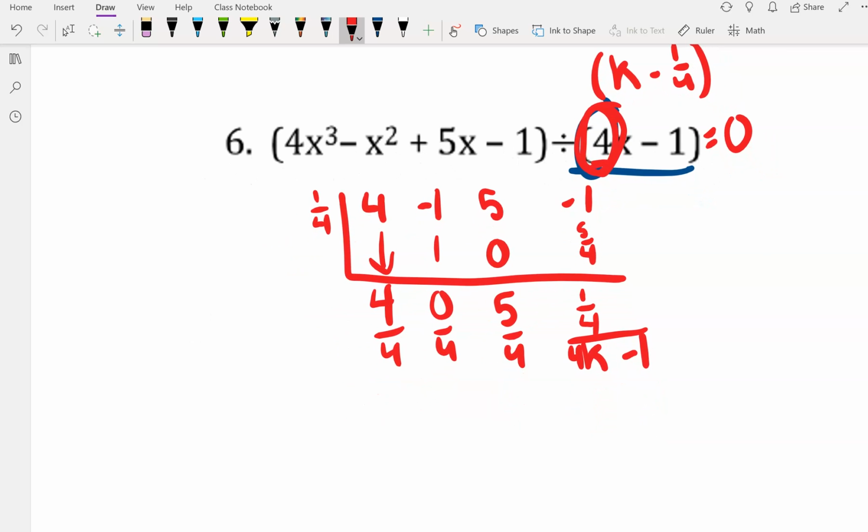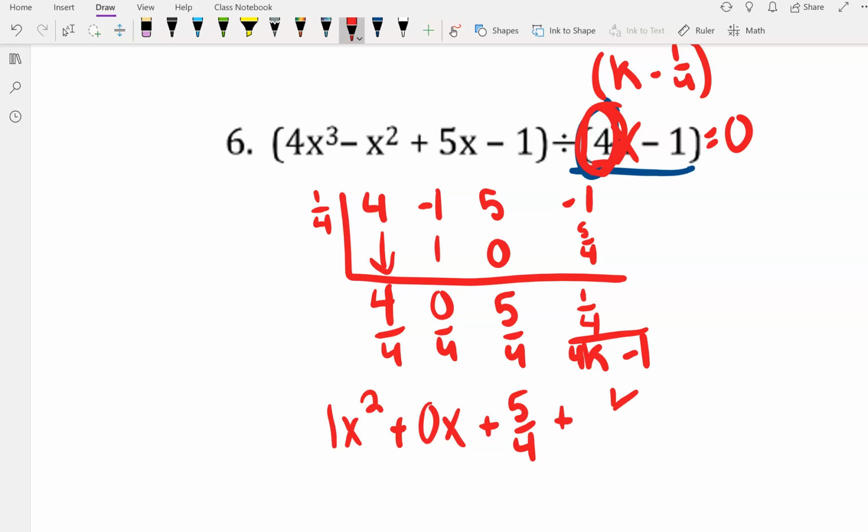So 4 divided by 4 is 1, and then this is going to be x squared. Oh, these are supposed to be x's, not k's. Plus 0x plus 5/4 plus 1/4 over 4k minus 1.